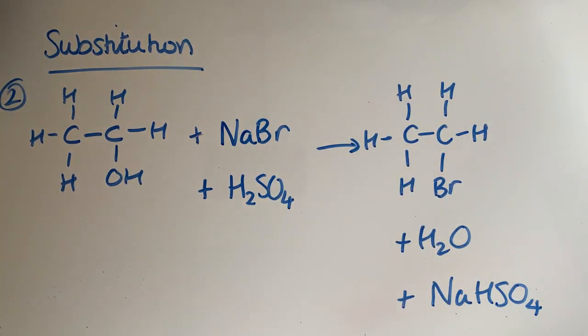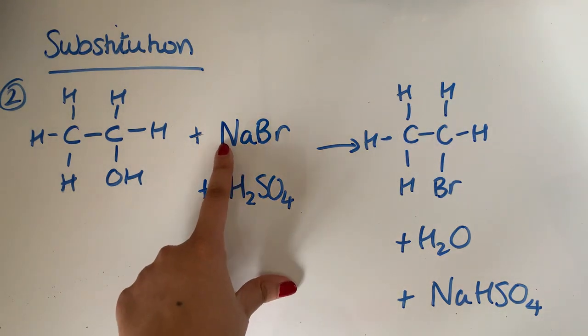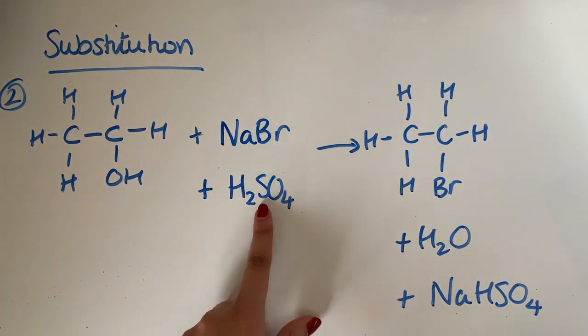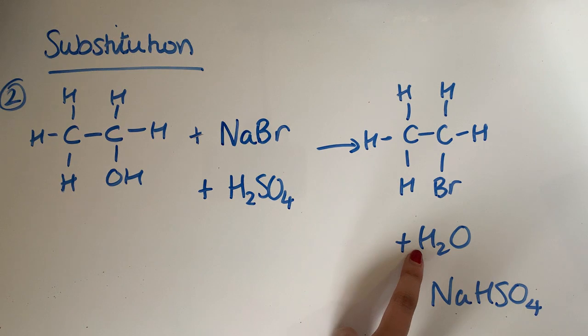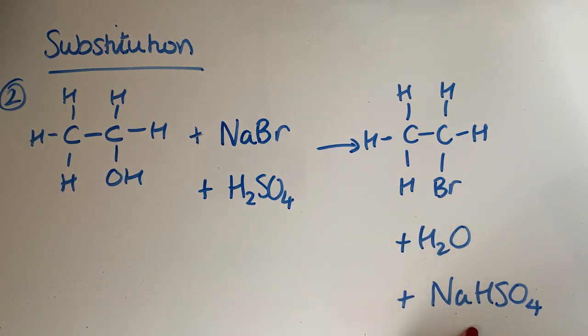Sulfuric acid in this case is not acting as a catalyst, it's not regenerated at the end. It's actually taking part in this reaction. So what I've drawn here is what the overall reaction is. We use sodium bromide or sodium halide and sulfuric acid, and we release water and sodium hydrogen sulfate in this reaction.